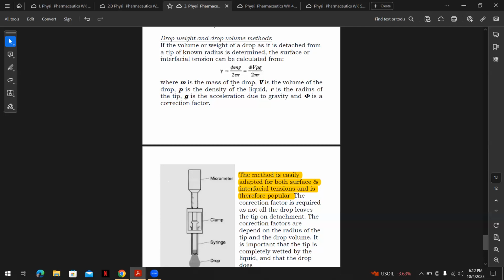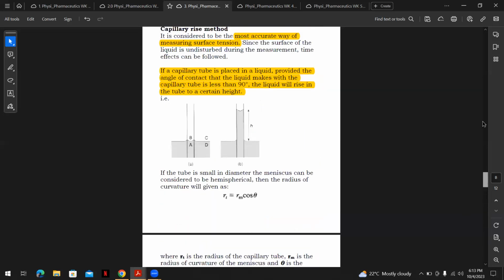You have the mass of the drops, and the volume of the drops, because you measure from the measuring cylinder. Then the radius of the tip of the syringe, acceleration due to gravity, and the correction factor. Once you key this in, you can calculate the surface tension. I hope we know that this symbol is the symbol for surface tension. So that's basically it for the surface and interfacial phenomena.